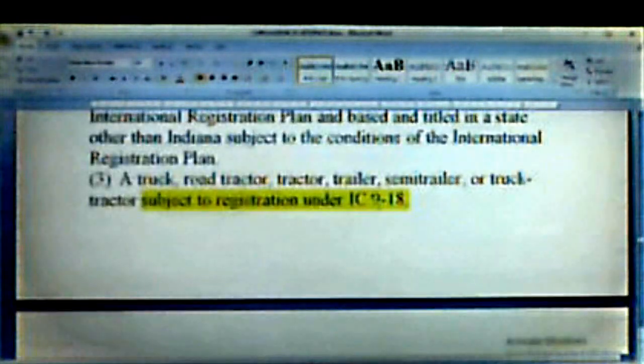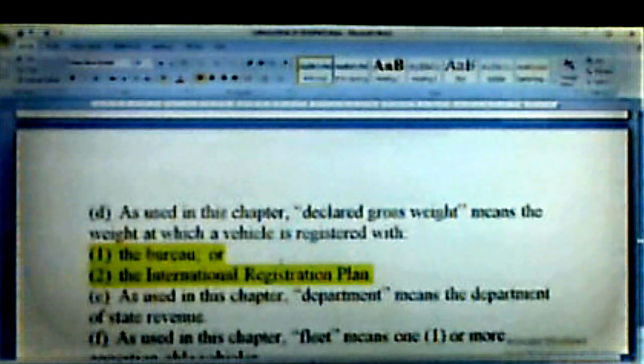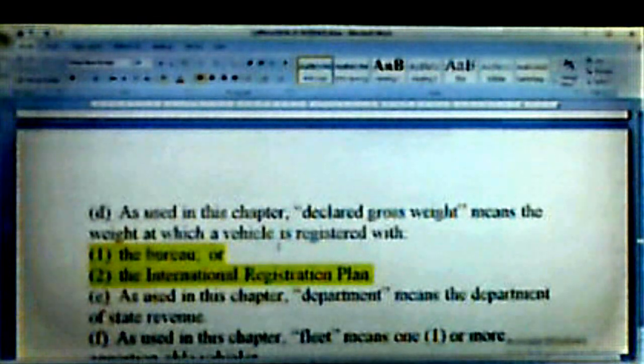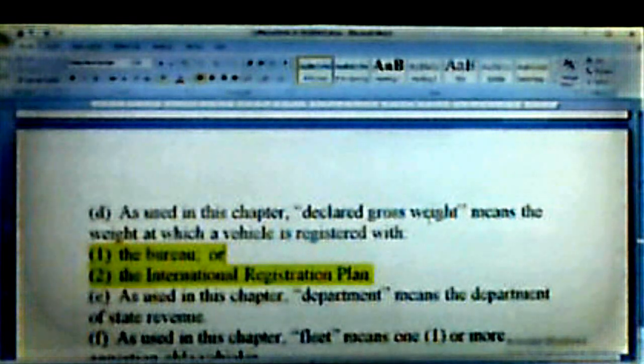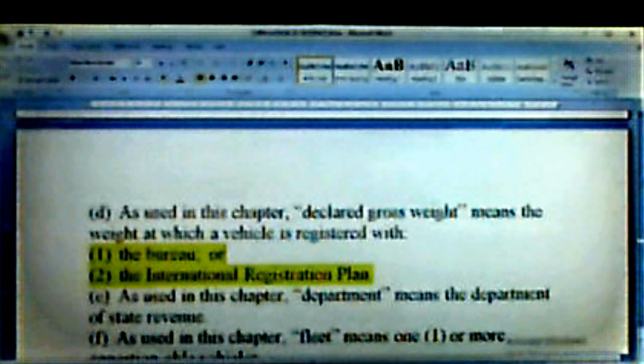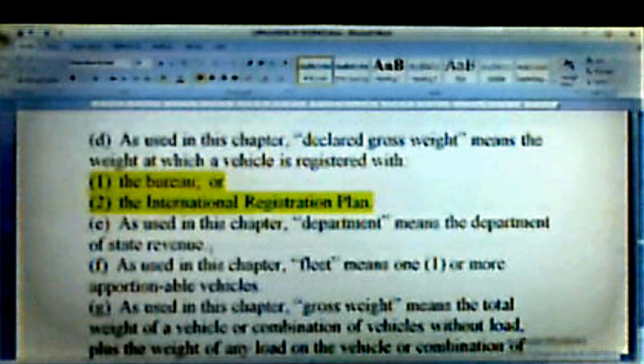So if it's got to be registered under IC 918, it's a commercial vehicle, isn't it? Doesn't apply to your personal automobile, does it? Right? D, as used in this chapter, gross weight means the weight at which a vehicle is registered with, right? By the Bureau or the International Registration Plan. Is there any doubt at this point as to who has to register and plate their cars?